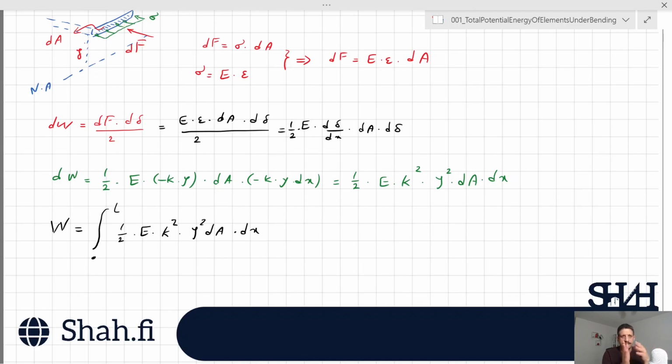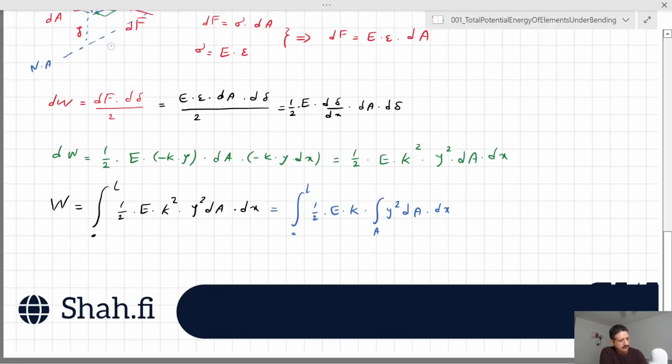In any cut, it will be the same. And the integration of y squared times dA represents the second moment of inertia. As a result, I can write it down as the integration of 1 over 2 E kappa squared, integration of y squared dA, dx. This is on the domain of A, and this is from 0 to L due to dx.